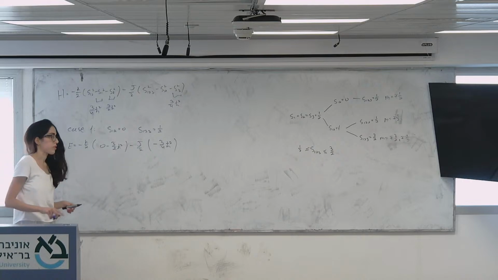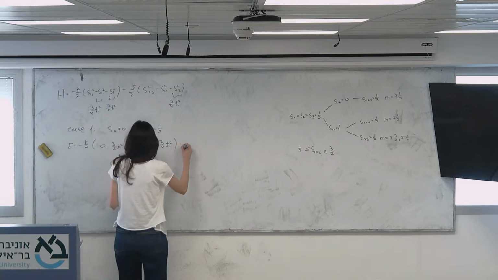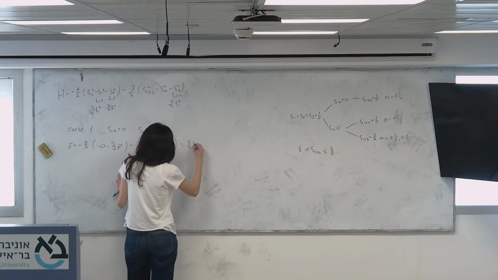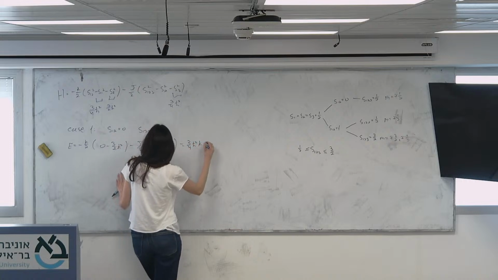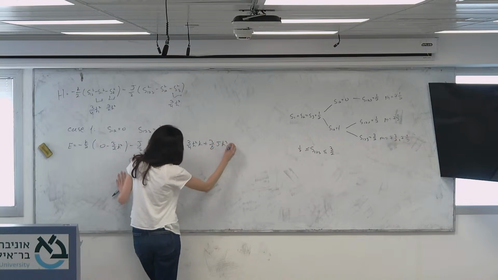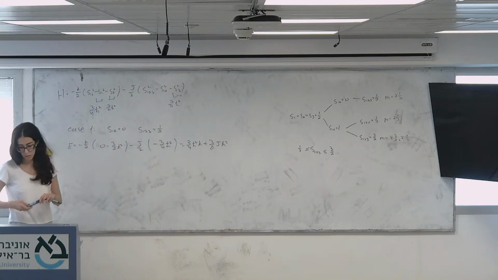I have a mistake in the lecture notes, I have to fix it later. So this is overall 3/4 h bar square k plus 3/8 j h bar square. Okay, this is answer 1.